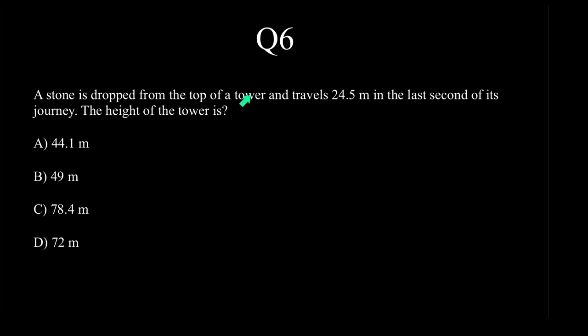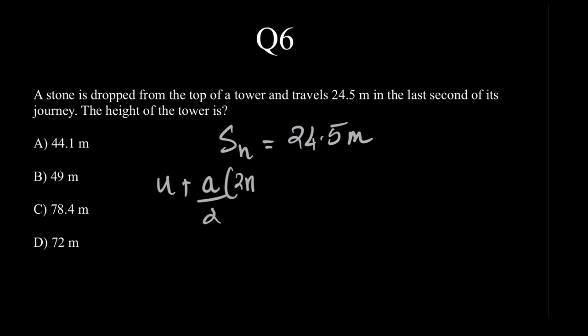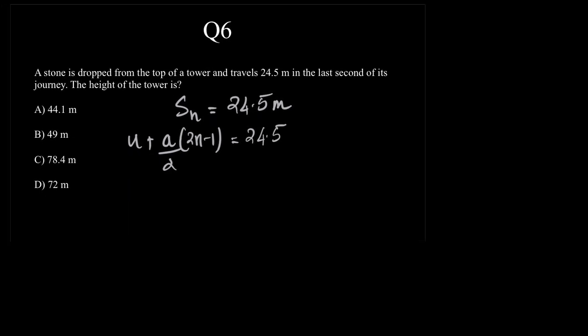A stone is dropped from the top of a tower and travels 24.5 meters in the last second. The height of the tower is. So Sn is given to be 24.5 meters. What is Sn? Sn is u plus a by 2 into 2n minus 1, which is given to be 24.5. Now, what is u?